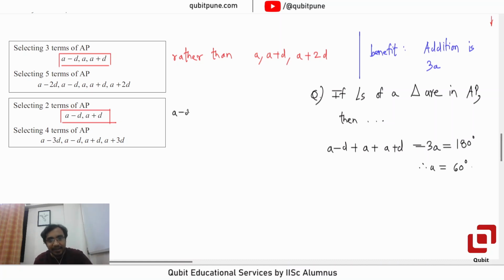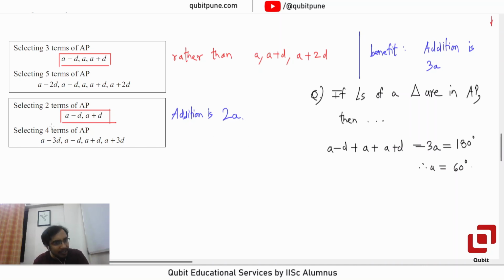Ideally it is A minus D, A plus D. But why is it better? Again, the benefit is that the D part goes, addition is 2A.